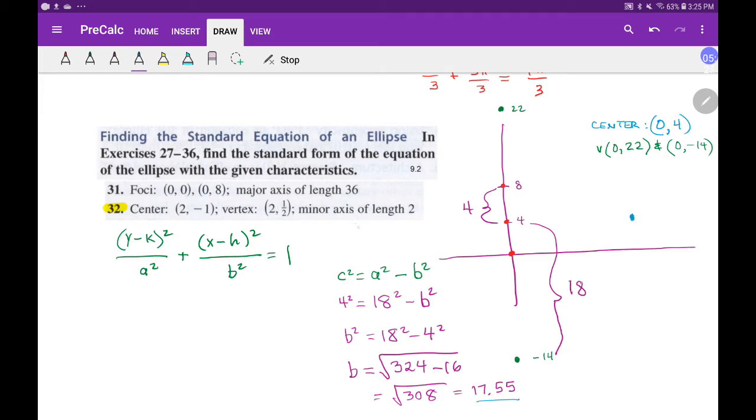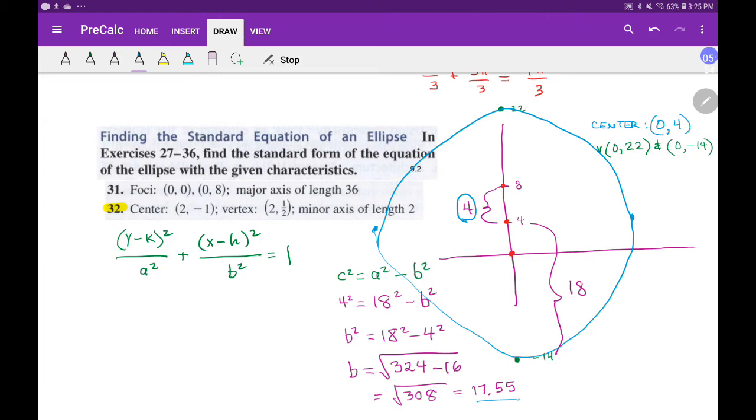But anyway, the idea being that it's almost a circle, because compared to the distance from the center of the other points, the foci are relatively close together. And when they're relatively close together, that means we're approaching a circle.